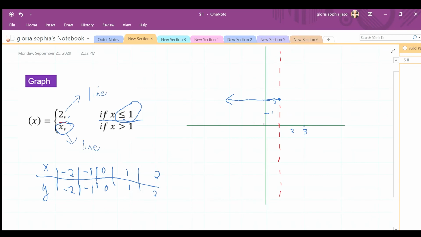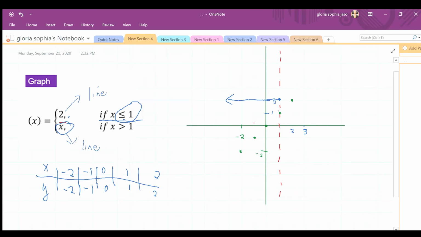So, kung 0, ibahin natin yung kulay para kitang-kita natin. So, gawin natin color green. Ayan. Kung 0, 0 class. Kung negative 1, negative 1. Kung negative 2, ayan. So, negative 2 rin. Ayan. And then, dito, kung 1, 1. Kung 2, 2. Okay.